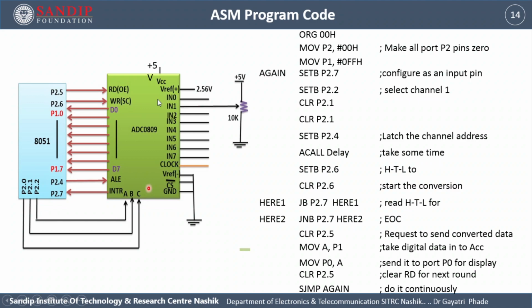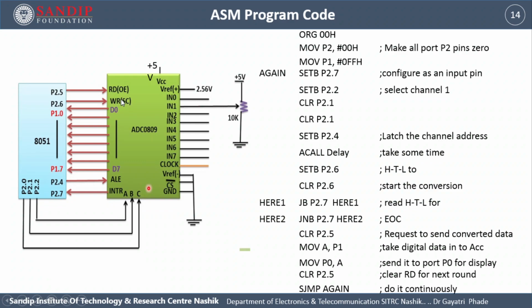When the conversion has ended, we have to request the ADC to give that converted data by making OE, which is RD bar, an active low signal. So make this pin low, that is CLR P2.5. With this we are requesting the ADC to send the converted data.